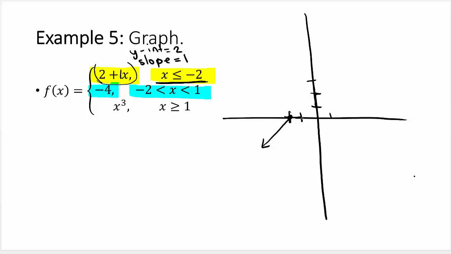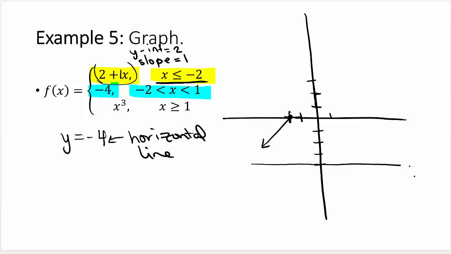Alright, so if I look at just the equation y equals -4, hopefully you recognize this as a horizontal line. So I know the graph would look like a horizontal line at -4. Right? Again, if I looked at the entire graph, it would cover the entire real number line for x.